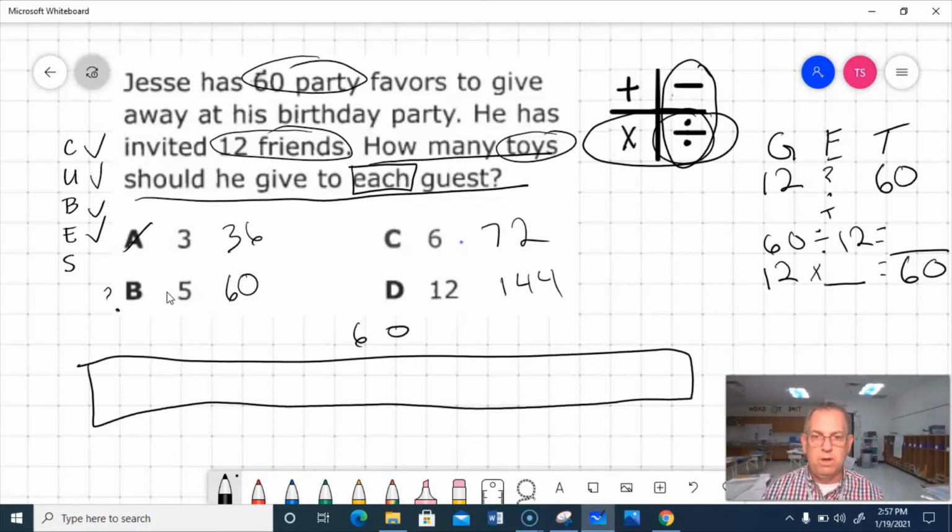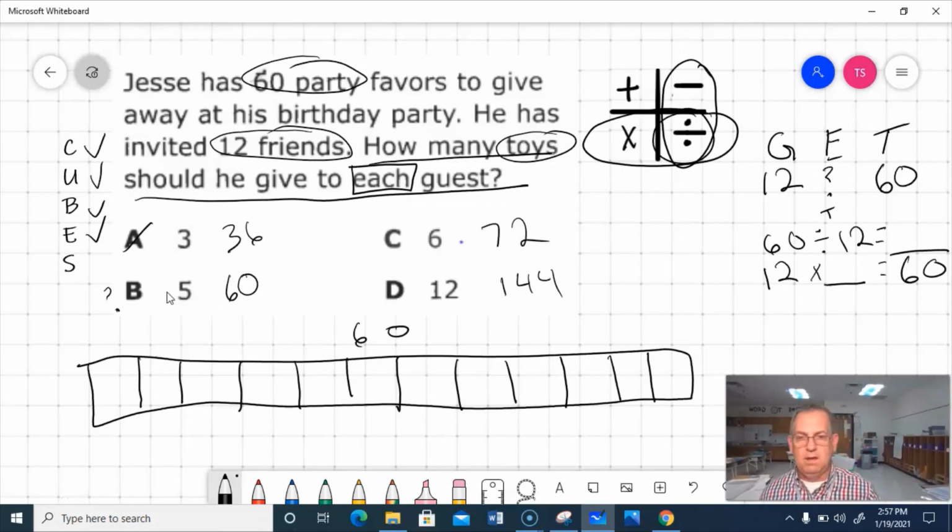I'm going to break it into 12 equal groups. 12 is an even number, so I can break that in half, and that means I'd have 6 on each side. 6 is an even number, so I can break each one of those in half. That means I'd make 3 equal sections in here to make 12. So that's 3 there, 3 there, 3 there, and 3 there.